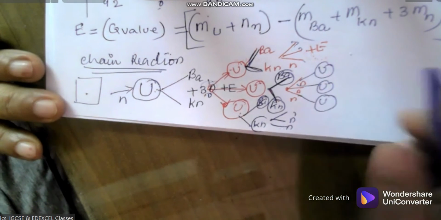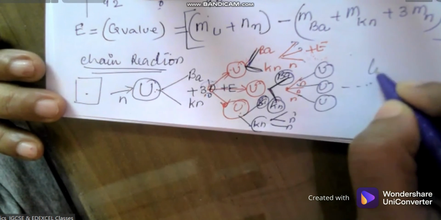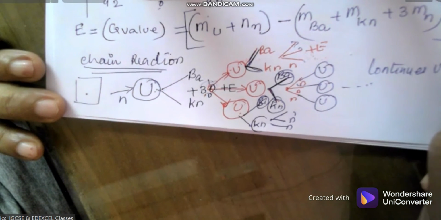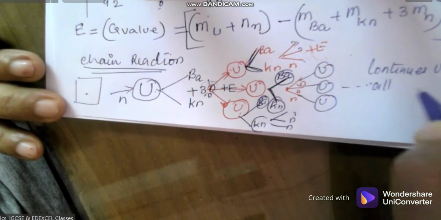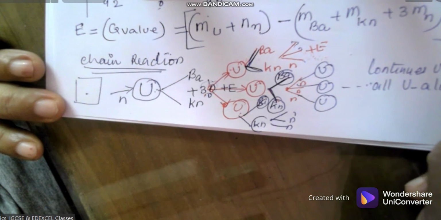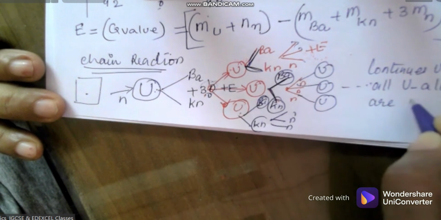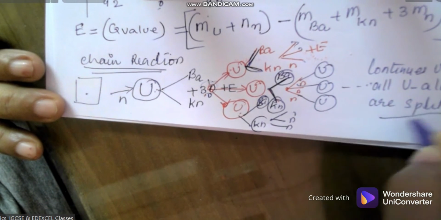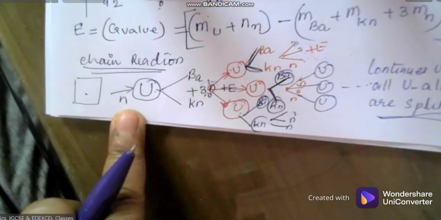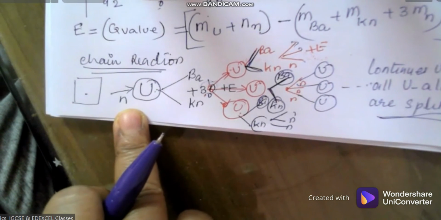So like that, this continues until all uranium atoms are split. Chain reaction means you are triggering only once in the beginning.